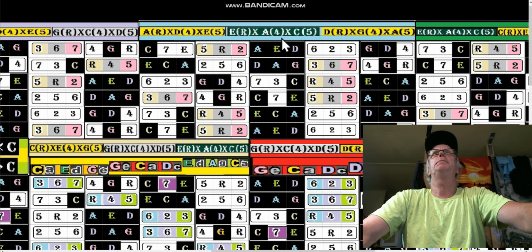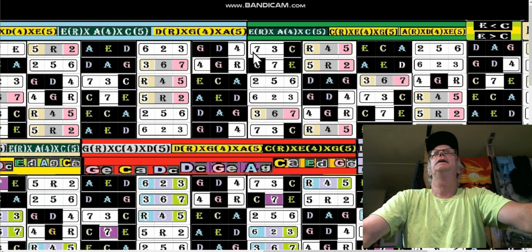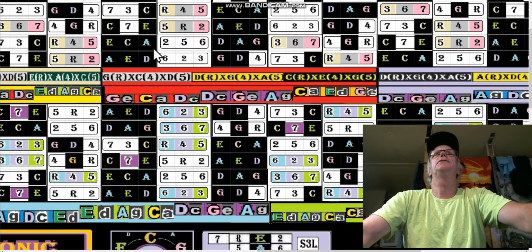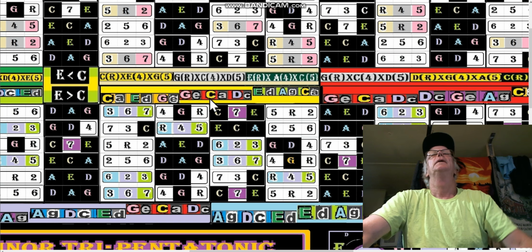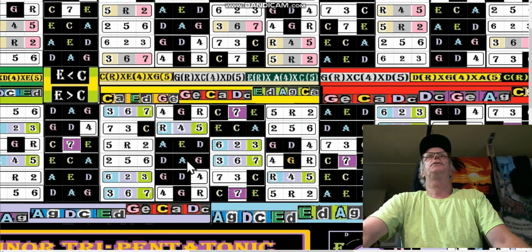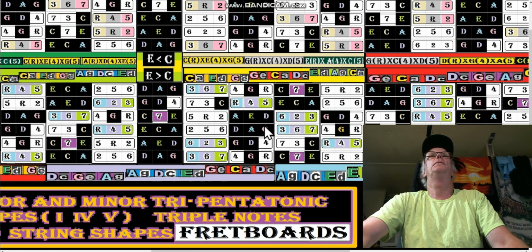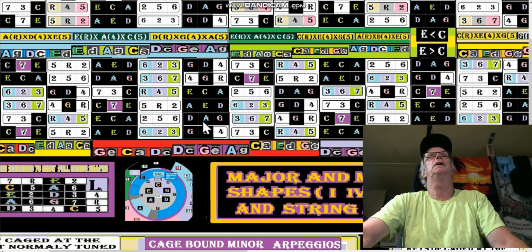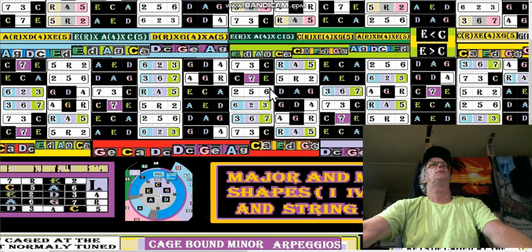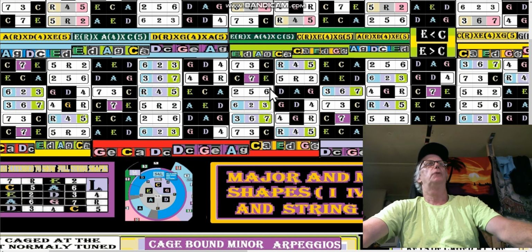The A box, the Aeolian 6, is light blue. The E box is green, the G box is red, and the C box is yellow. That also holds for the minor fretboard, which is the same thing, and we have a little more freedom here on the minor fretboard now for arpeggios.